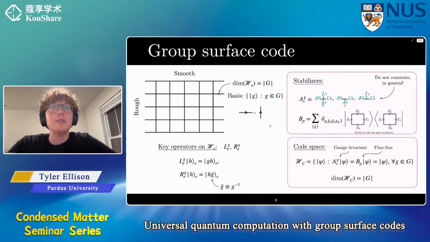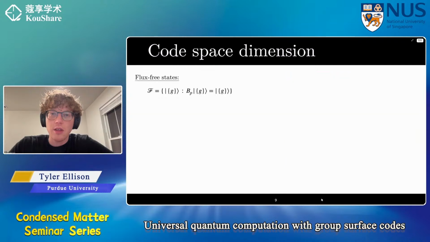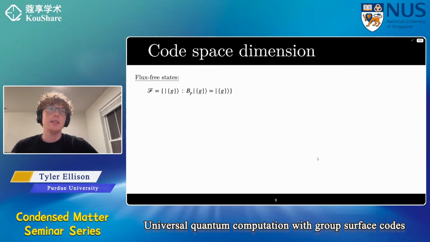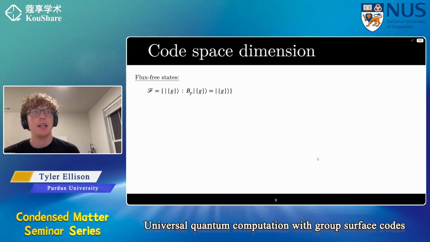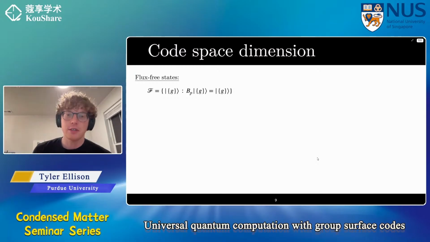Okay, so what I'd like to do next is prove that the code space has dimension the order of the group G. The way I'll do that is I'll consider the set of flux-free states. These are group basis states, so it's just a configuration of group elements on the lattice such that there's no flux; the plaquette term is satisfied.